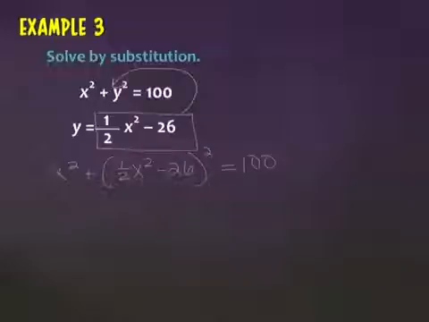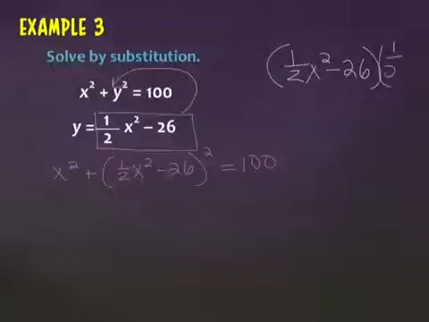Now, when I've got an expression raised to a second power, can I just square each term, or do I have to expand it and FOIL it? I've got to expand it and FOIL it. So this is where it gets a little trickier, and your algebra skills are obviously going to come into play. You can't square root the left side because you've got an x squared plus something, which is not a perfect square.